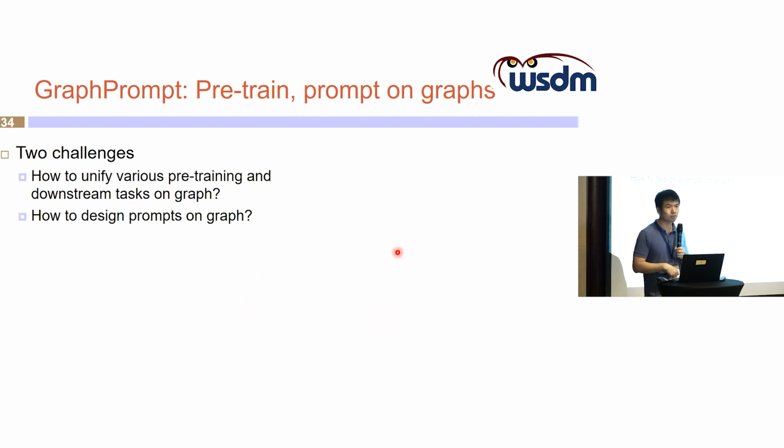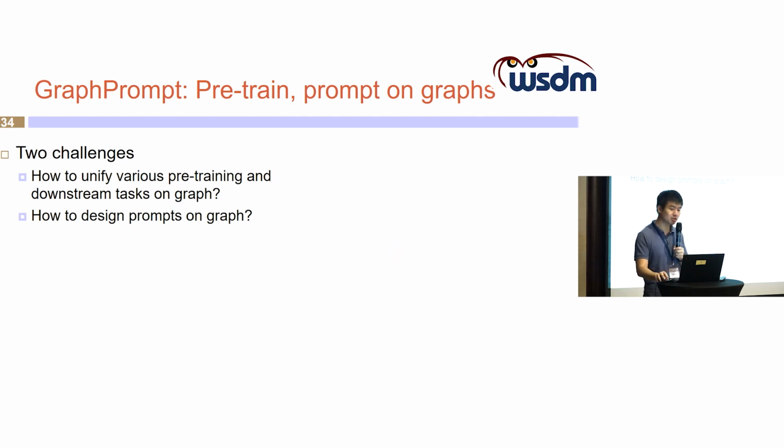So in graphs, it seems that we can leverage the same idea, prompting, to define the different tasks with the pre-training task. So there are two challenges. How do we define various pre-training graphs? How do we design prompts on graphs?